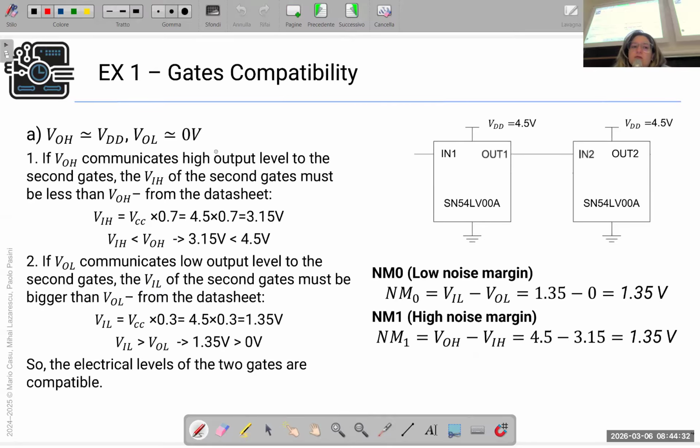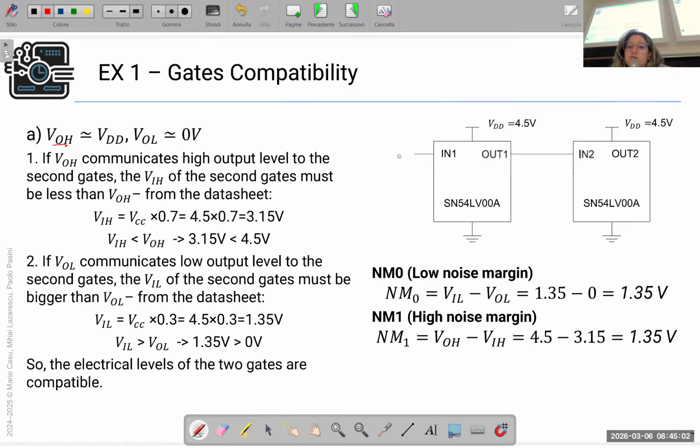So, as I told you before, the output at the high level must be equal to VDD, and the output at the low level must be equal to 0 volt. These are specifications that the exercise will tell you, or that you can in some way retrieve from the datasheet that is given to you.